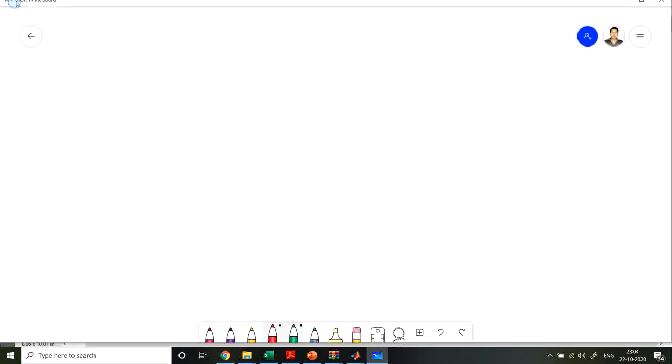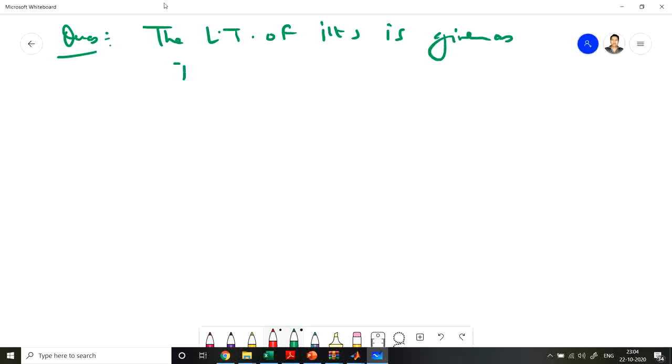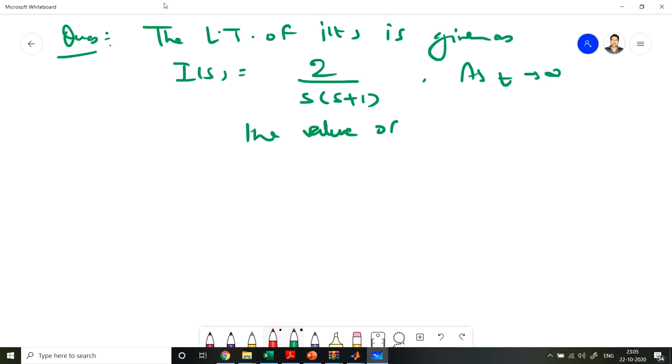So the question is: the Laplace transform of i(t) is given as I(s) equal to 2 divided by s plus 1, and as t tends to infinity, we need to find out the final value.